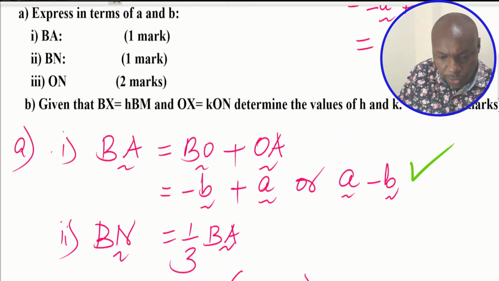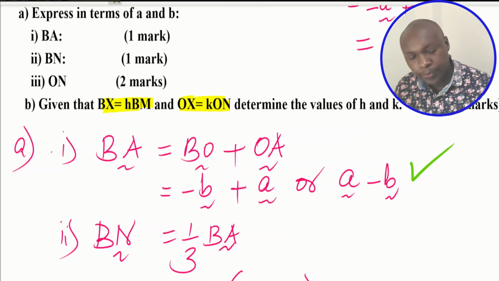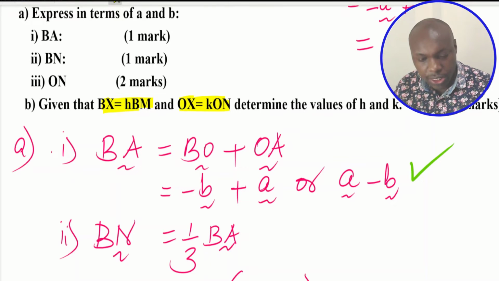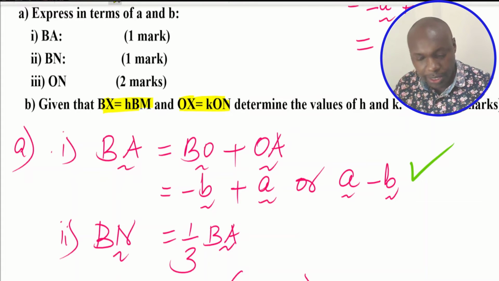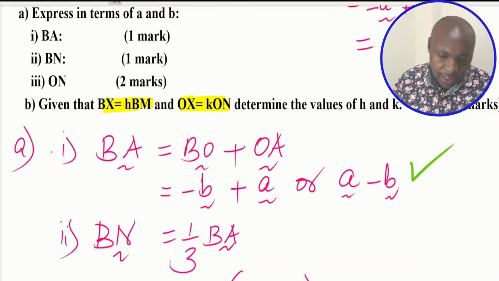Now the reason why you're given these two is to enable you to come up with two expressions of the same vector, and one of those expressions must have OX and the other must have BX. So which vector are you going to express in two ways in order to get the values of H and K?